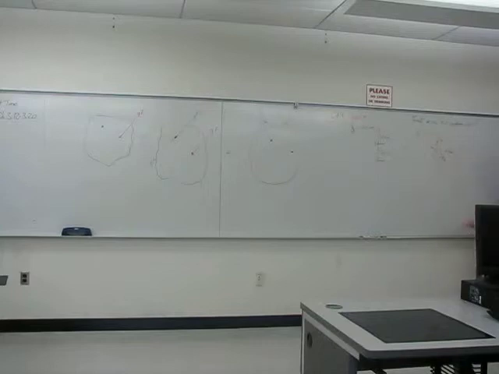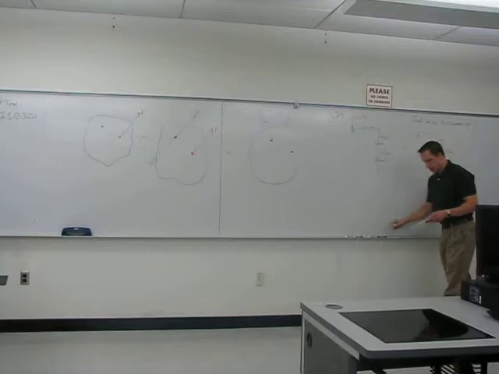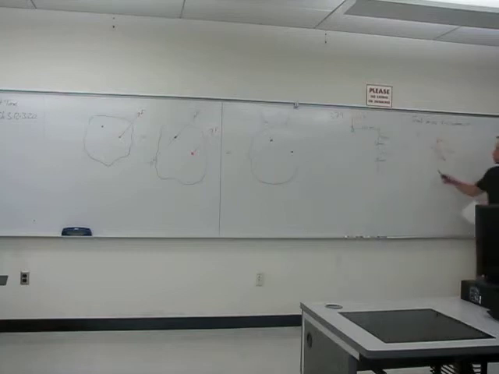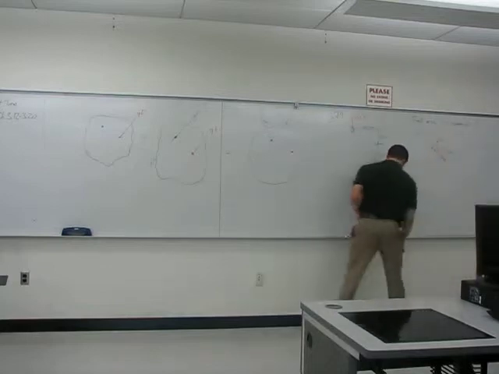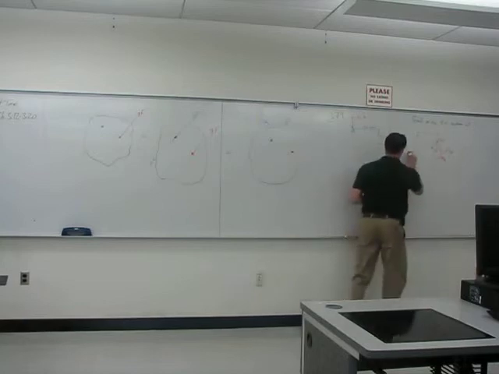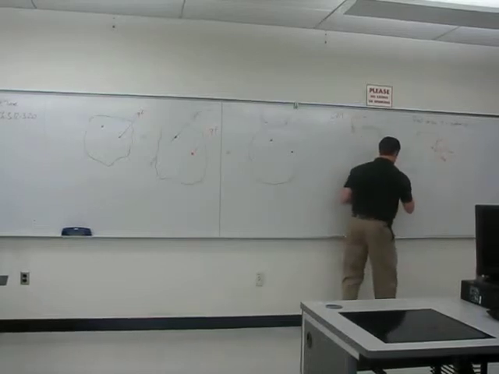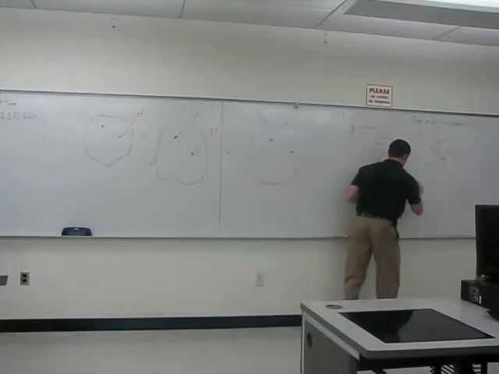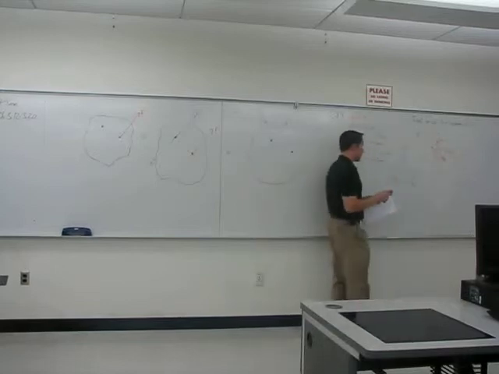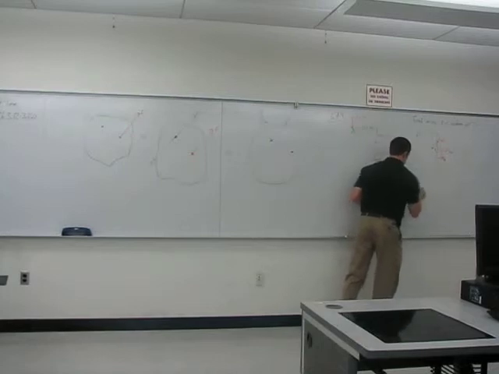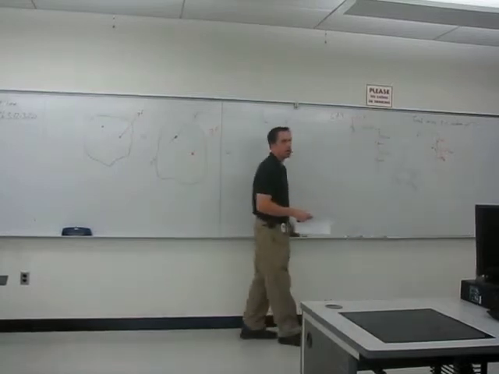Now this equal sign here means 2 things have to be true. The sum of the forces in the left-hand side has to equal the sum of the forces in the right-hand side. It also tells us that the sum of the moments around any point in the left-hand side has to equal the sum of the moments around the same point in the right-hand side.